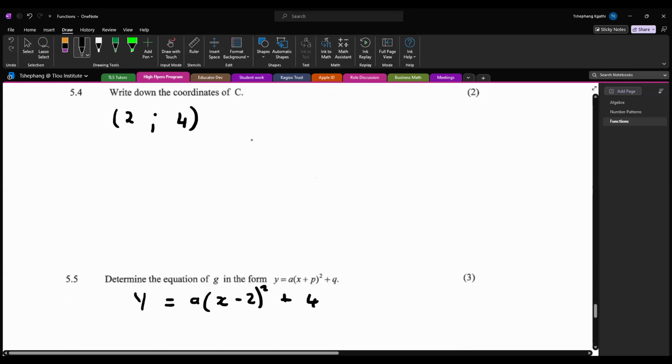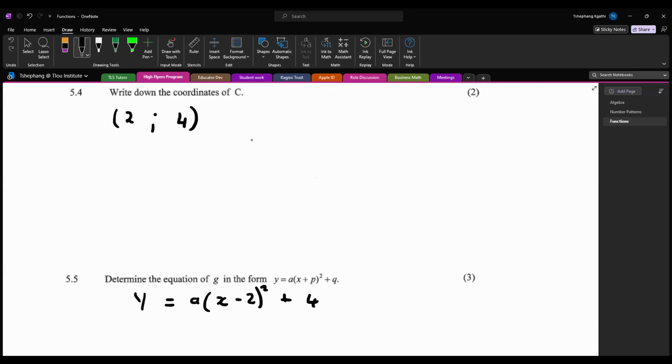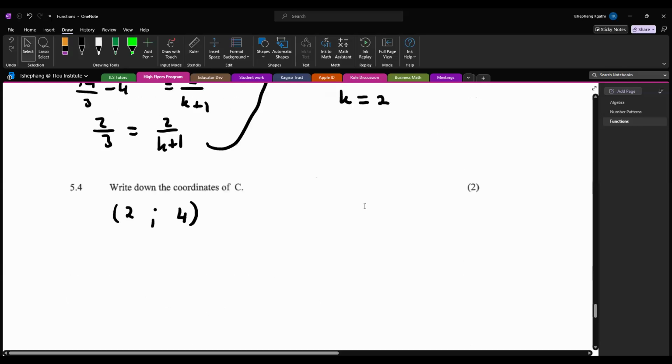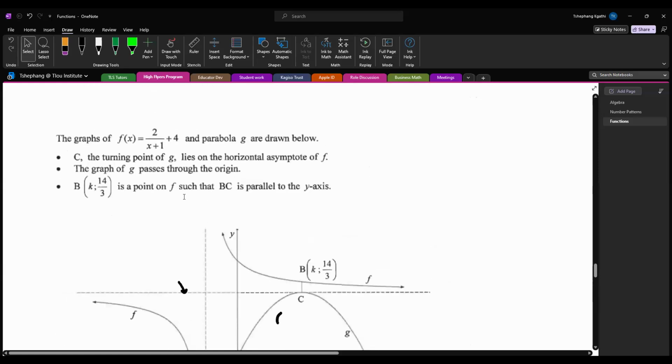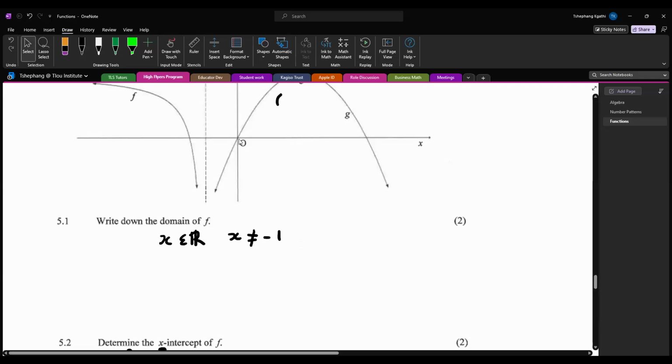Now I have a problem because I have an a which I don't know. Let's see if there's a point that they give us on the graph. There is a point, right? We're not assuming, because they did say that it passes through the origin. So we can take 0 and 0.